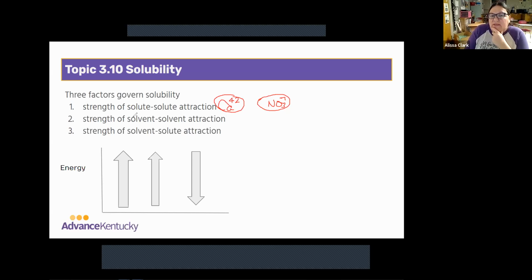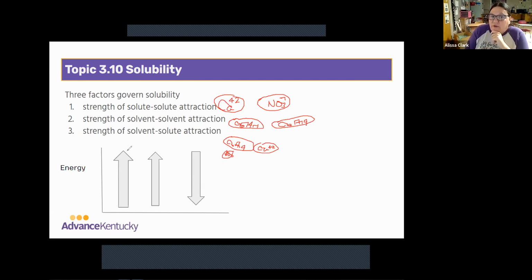We have strength of attractions between the two solvent particles, which would be London dispersion forces between a hexane molecule and another hexane molecule. And then we have, well, what kind of strength of attraction are we going to get between the solvent, a hexane, and the solute, a calcium ion or a nitrate ion?